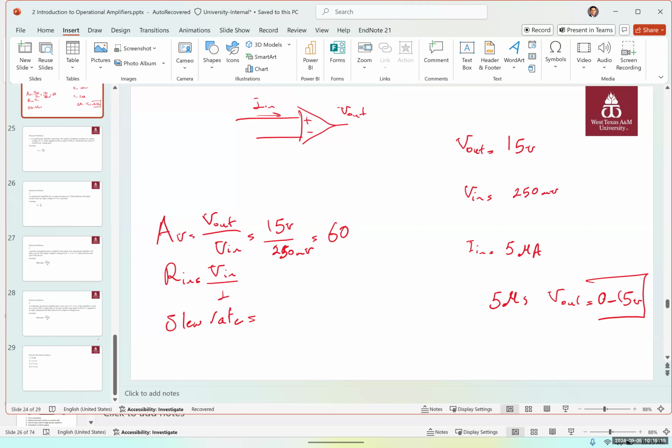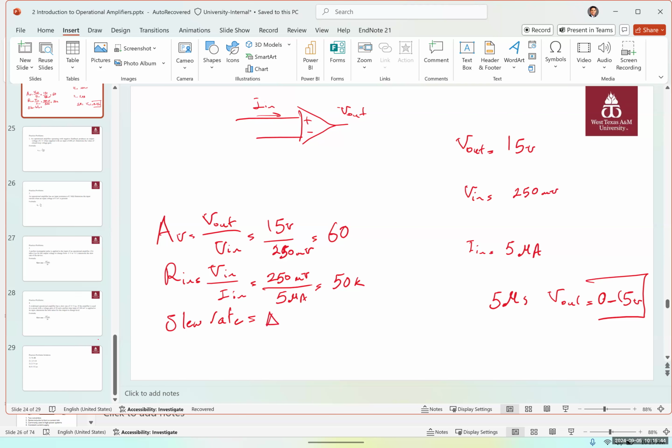Rn is Vn over In, which is 250 millivolts over 5 microamps. So this would be what? 50K, yes, 50,000, perfect. So 10 to the power -6 goes up, so it's going to be 250,000 over 5. It's going to be 50,000 or 50K.